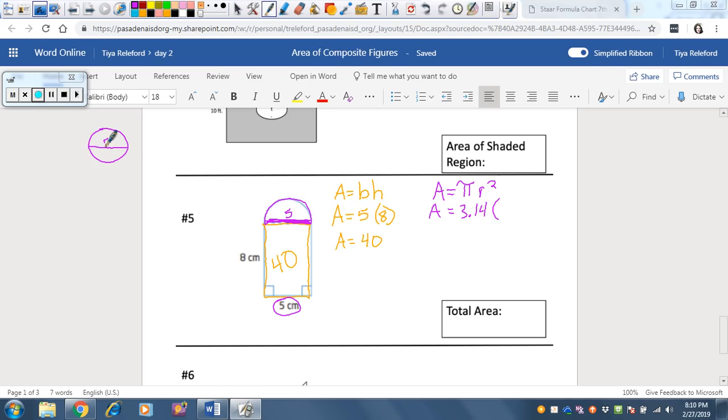But that's not the radius, is it? That's the diameter. If the radius is 5, what is the diameter? Or I'm sorry, if the diameter is 5, what is the radius? 2.5.